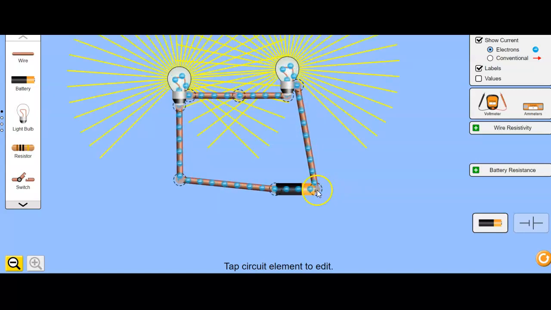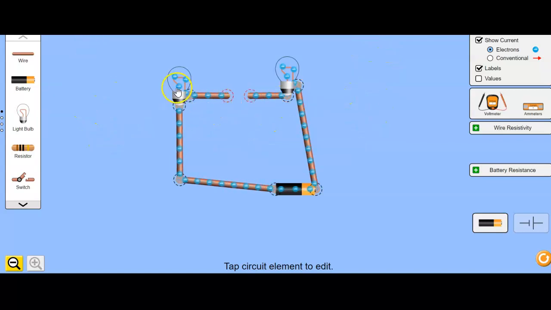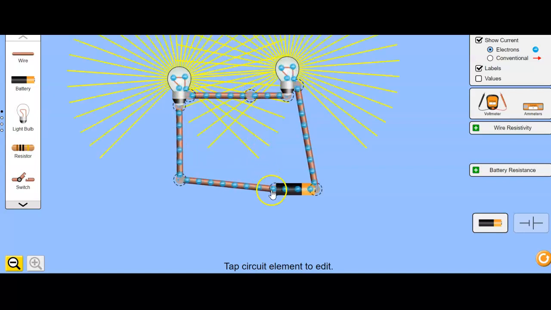Okay, if you notice, it shows the electrons moving in a circle. Now, if I break apart one of these wires right here, just cut it, neither light bulb can light up, because there's not a complete path for charge to move across.